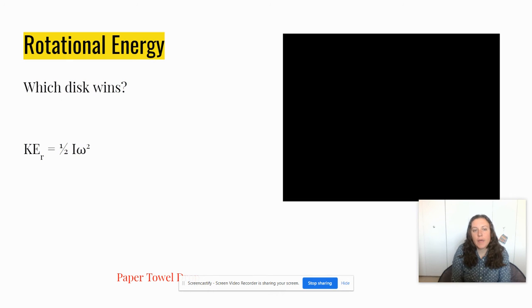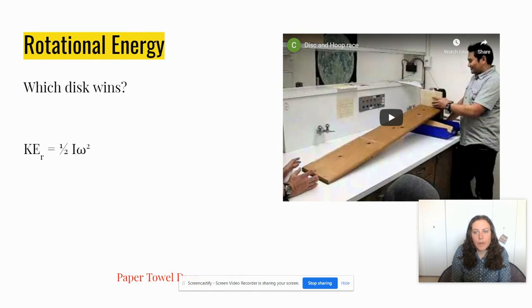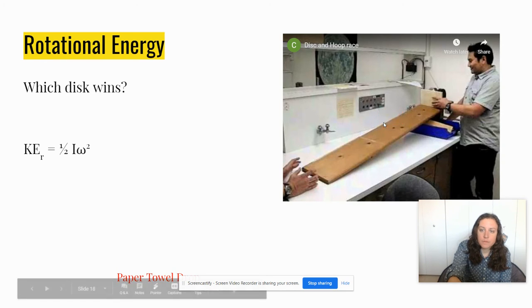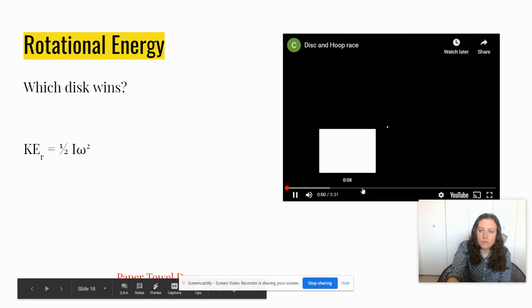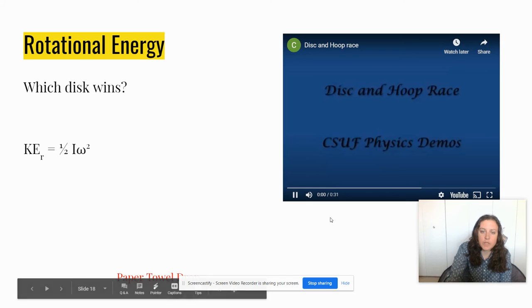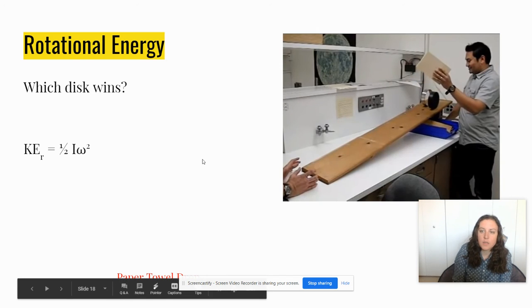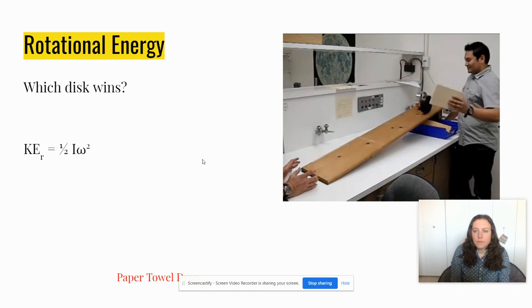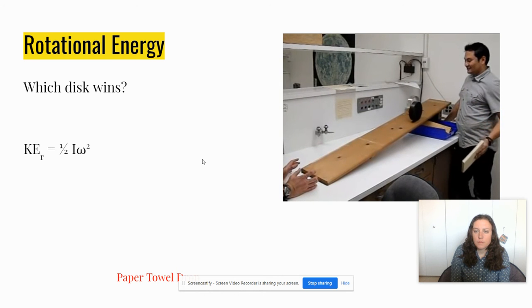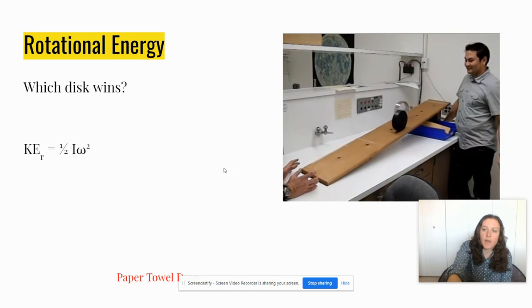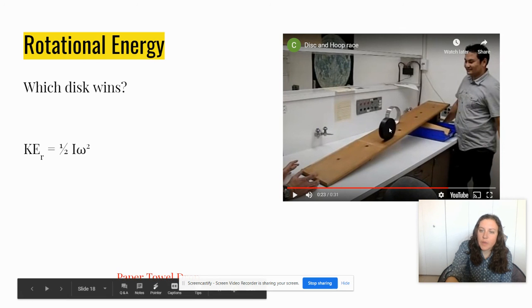Rotational energy. Which disk wins? Is it the hoop, or the one that's completely filled in? You need to know the why. The why is super important. We're going to fast forward through this because it gets really slow motion and intense. So this black one wins.